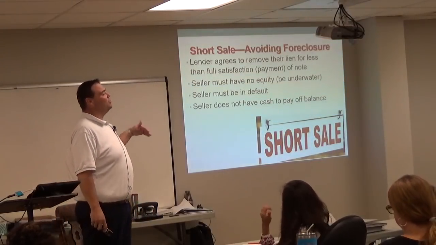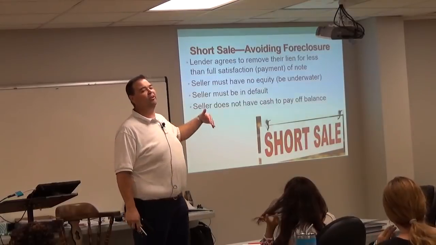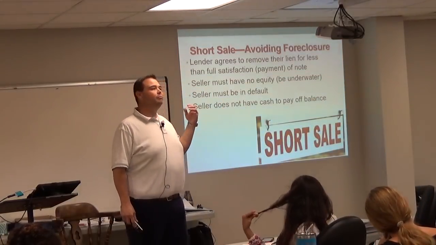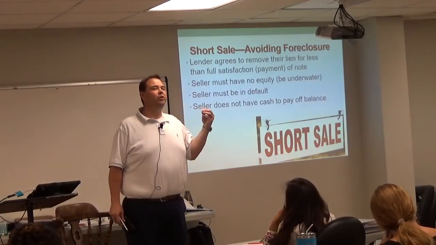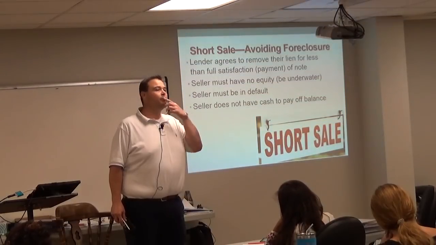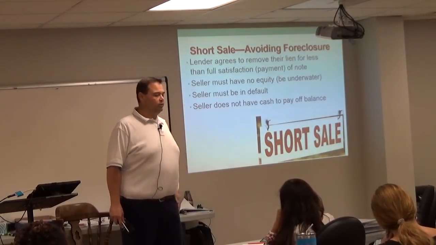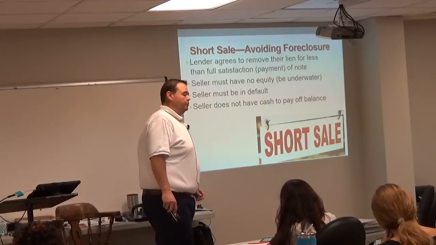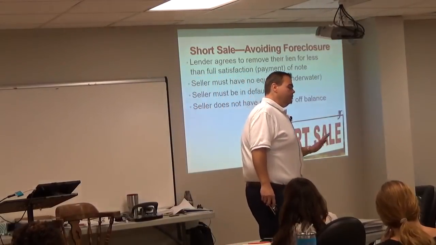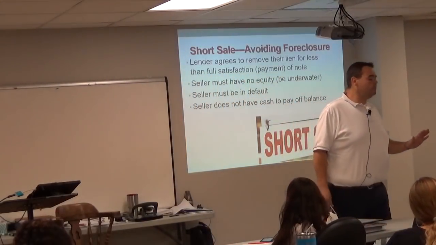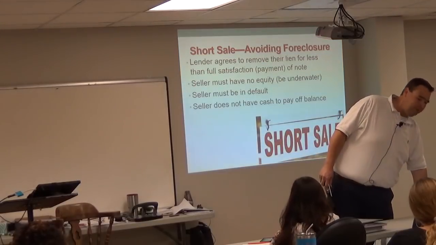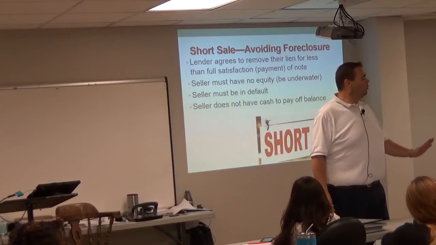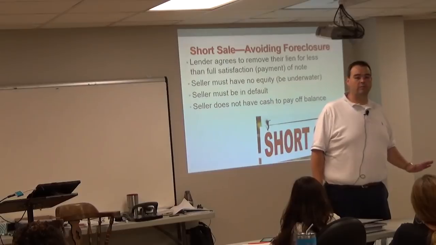So short sales are a method of foreclosure avoidance. I'm trying to think how to present this the best way. The lender has a choice. The lender can be hit with a hammer on top of their hand, or they can be shot in the face with a bazooka.